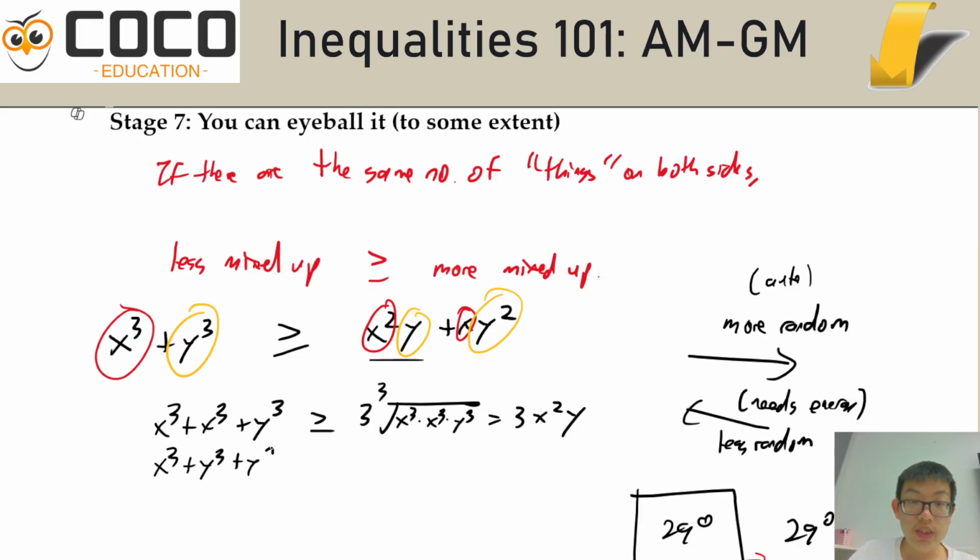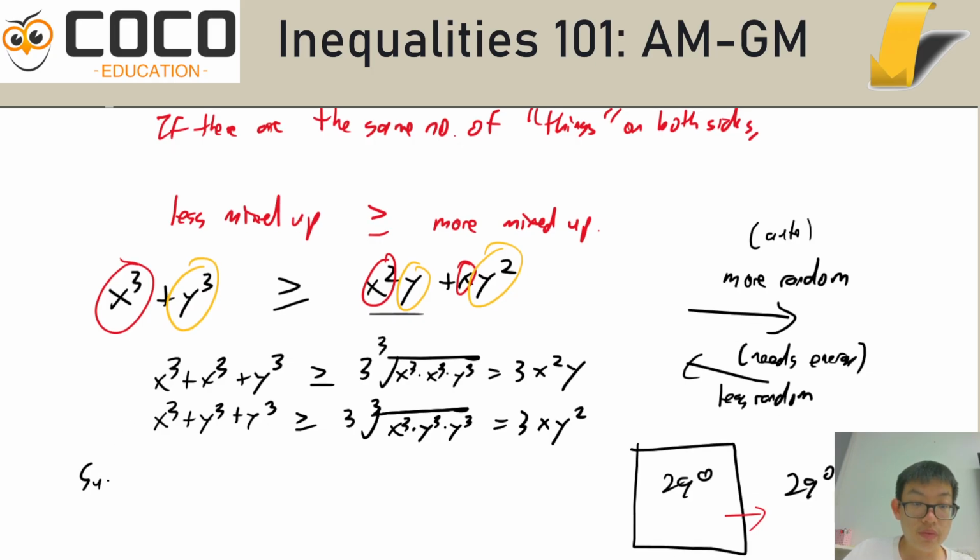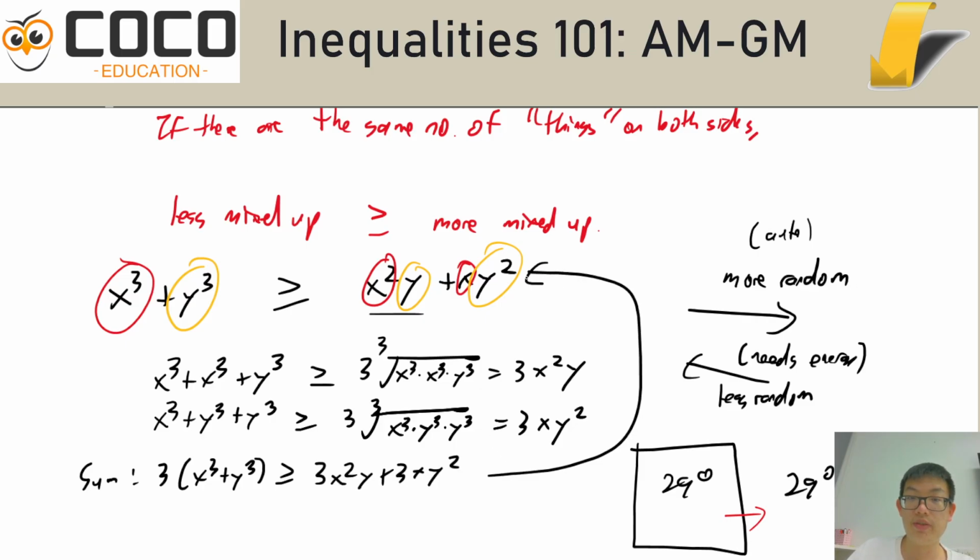And the reverse if you want xy squared. If you add them up, which of course gives you this.